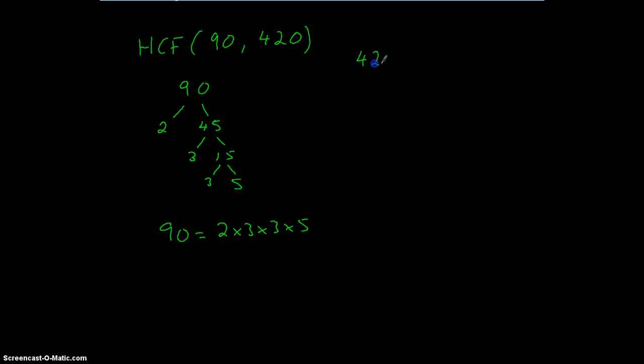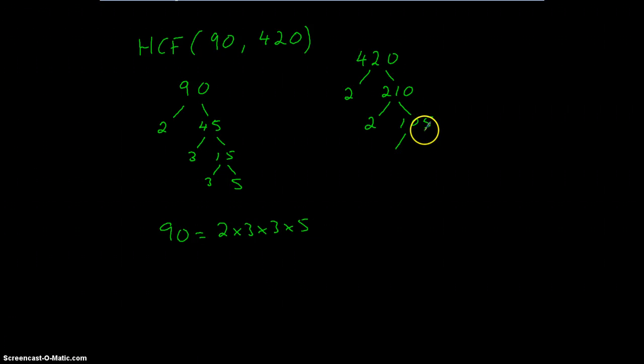Okay, what about 420? Well, that's an even number, and so therefore 2 is the smallest prime number that goes into it, and 2 times 210 is 420. Again, it's even, so the smallest prime number that goes into 210 is 2, and it goes in 105 times.